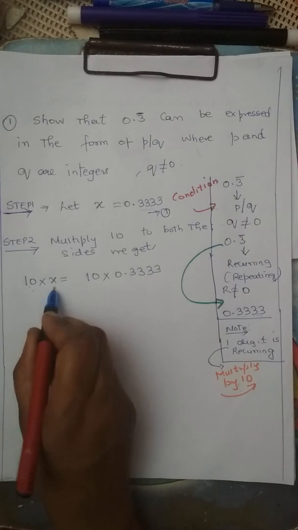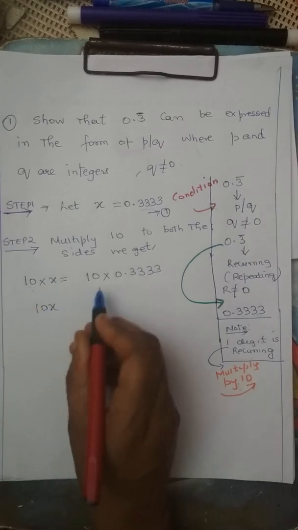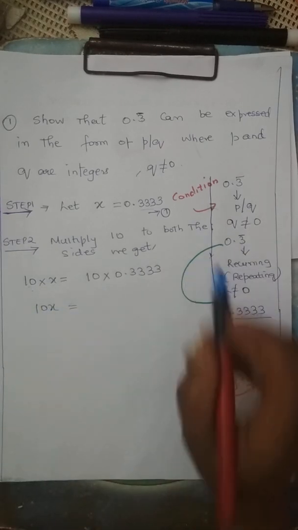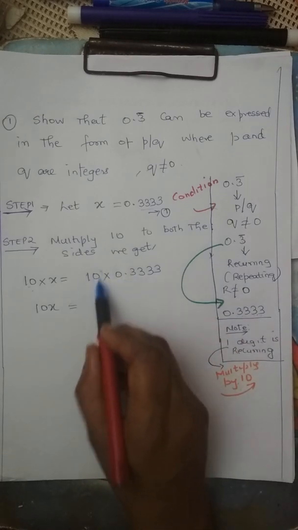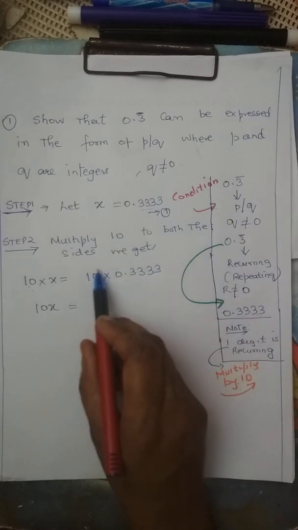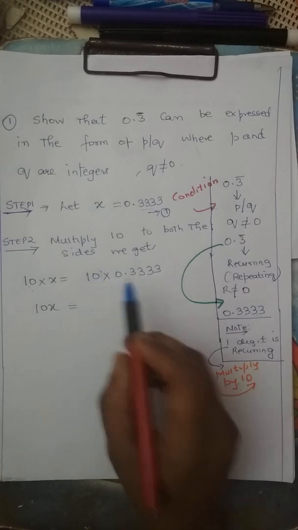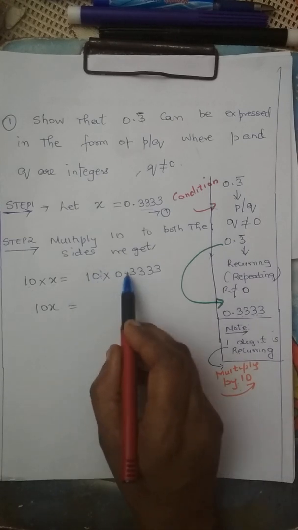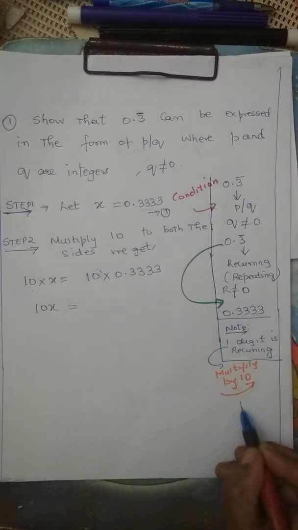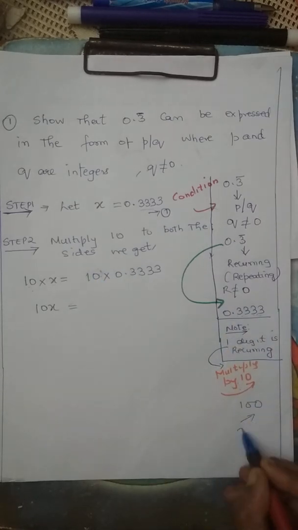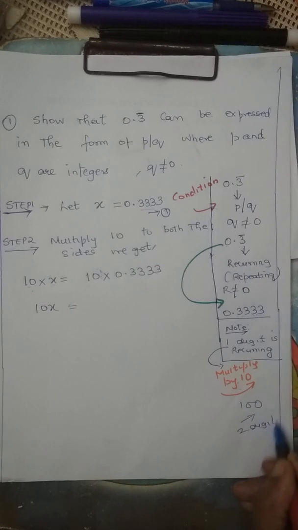What is 10 multiplied by x? 10x. What is 10 multiplied by this? We have learned in previous classes 6, 7, how many digits we have to shift? 1. It is 3.33. Then 2 digits like that.